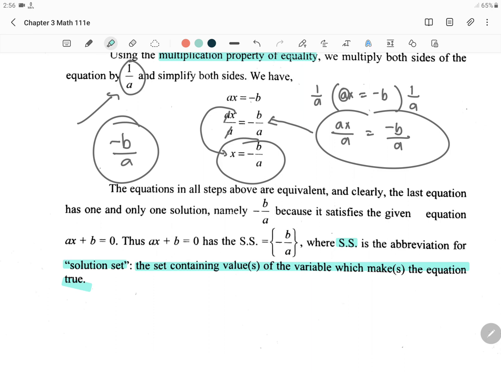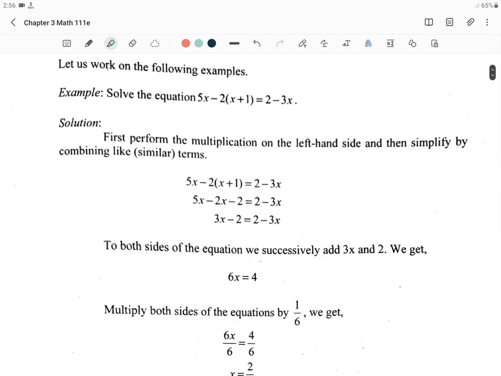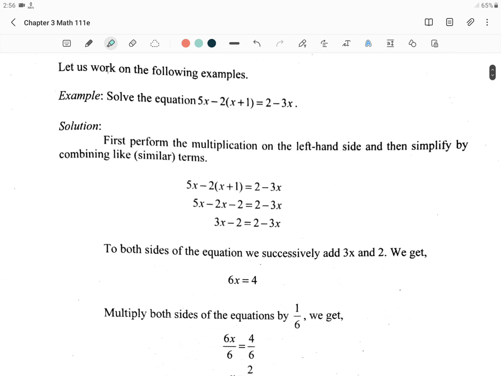Okay? So, para mas maging klaro yung discussion natin, we proceed with another example. So, let us work with this one. So, we have 5x minus 2 quantity x plus 1 is equal to 2 minus 3x. So, we have a solution guide here.